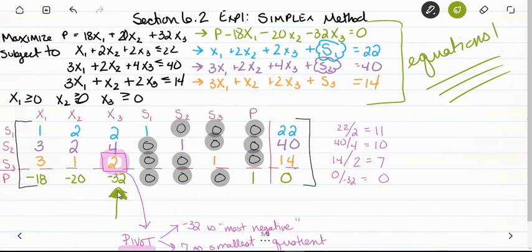So because that negative 32 is the most negative value in the last row, we're going to select the X3 column as our pivot column.